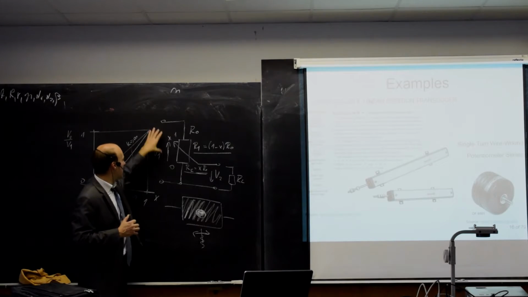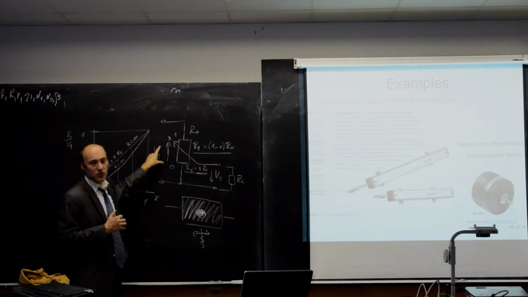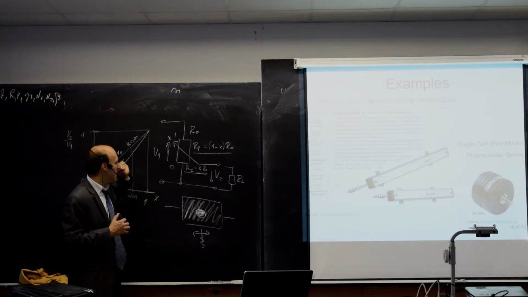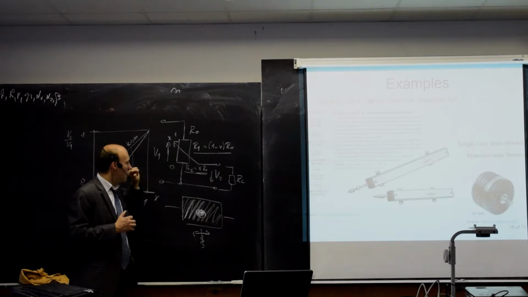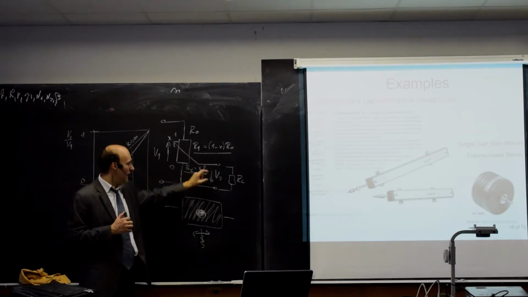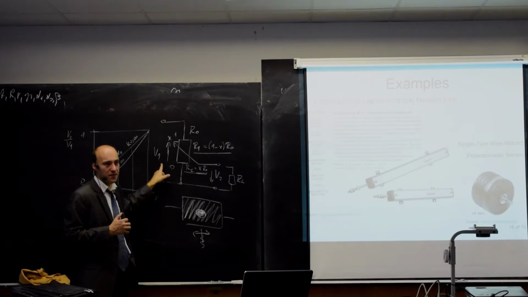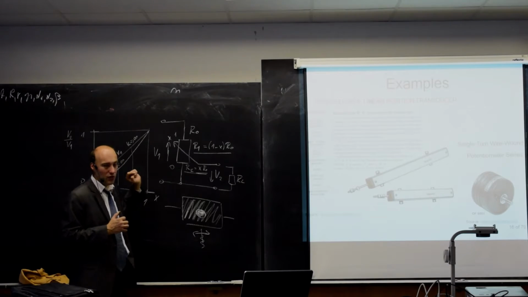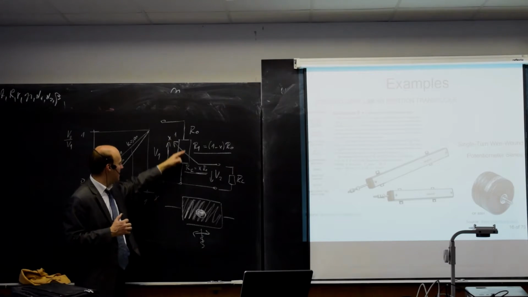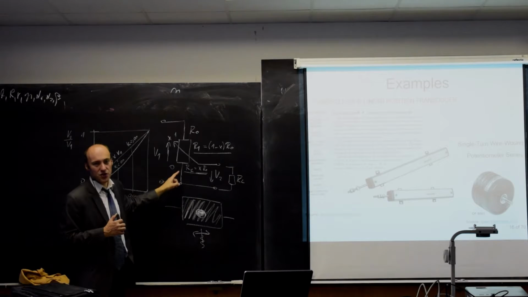So if we have this sensor connected to a power supply, V1, we could, in theory, increase the output signal by increasing the input voltage. But we are also limited in the current that can flow through this sensor.